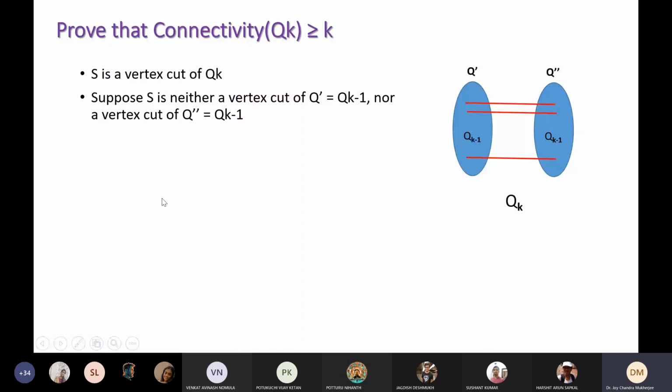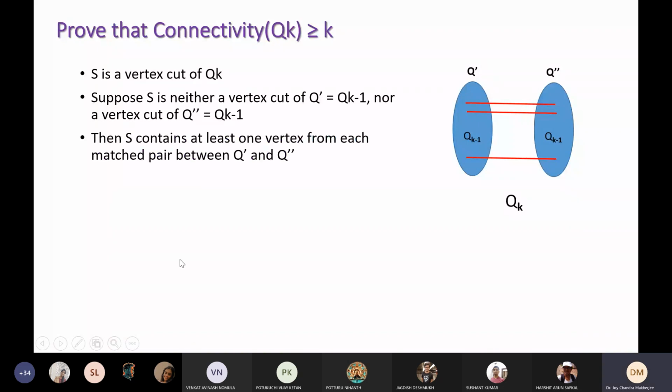What does that mean? If S is a vertex cut for Qk, but not a vertex cut of Q prime and Q double prime, it means that S contains at least one vertex from each matched pair of Q prime and Q double prime. I can choose this vertex, this vertex, and this vertex, and then it creates a vertex cut.